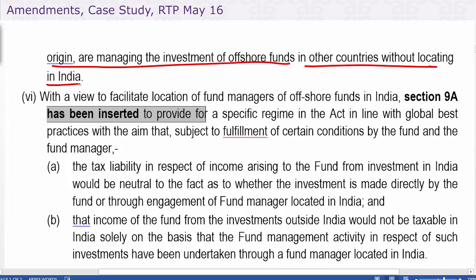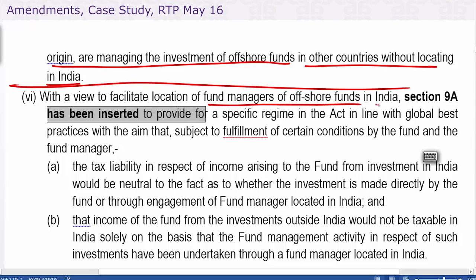Now, that is the earlier law. Khatam ho gaya ye. With a view to facilitate location of fund managers of offshore funds in India, Section 9A, so you will remember, has been inserted to provide for a specific regime in the Act in line with the global best practices, with the aim that, subject to fulfilling certain conditions, of course, we will safeguard ourselves by the fund and the fund manager.